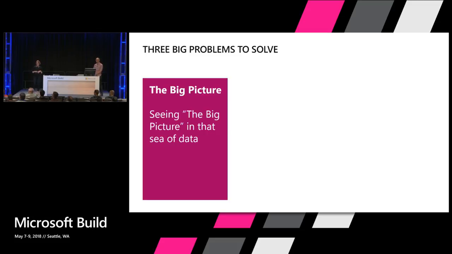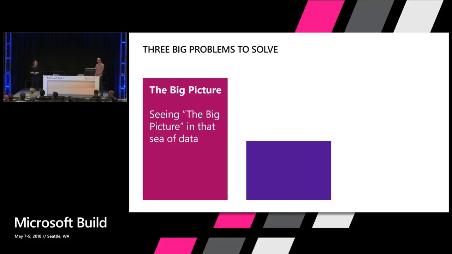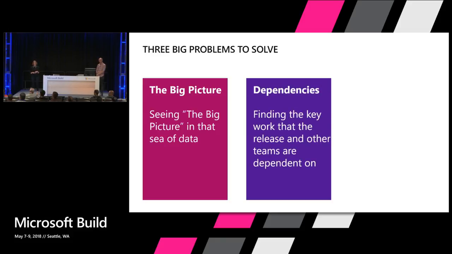The first, I showed you a sea of data. If you're a fancy person, you want to see how all of that work accrues to the high-level story you care about. So we needed a way to show the big picture. Is the work coming together? Do I need to be worried? We also needed a way to talk about the things teams owe each other.